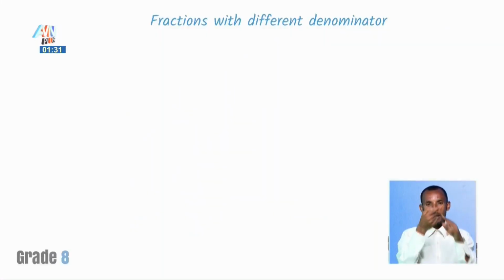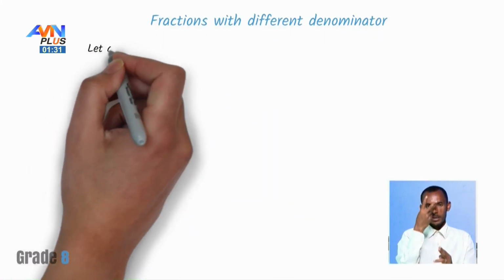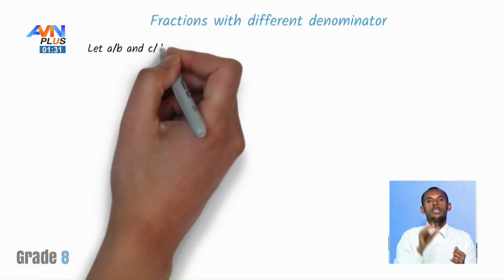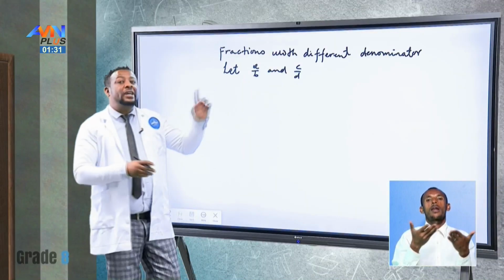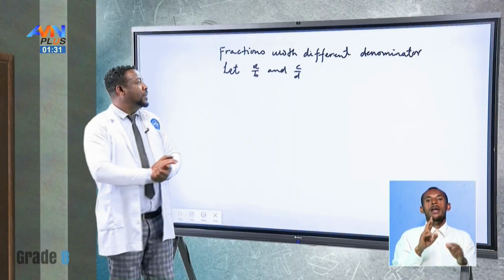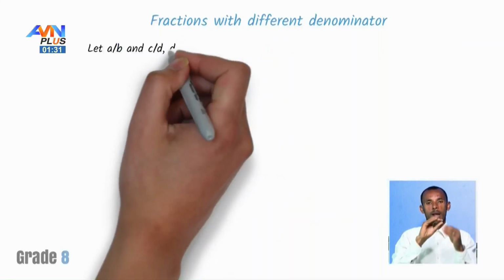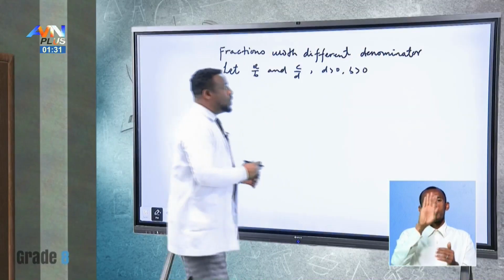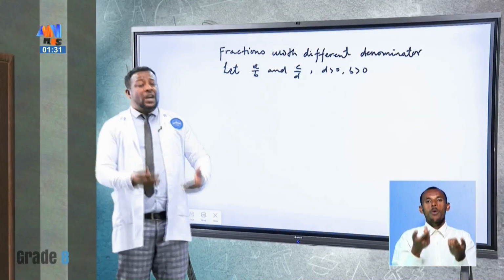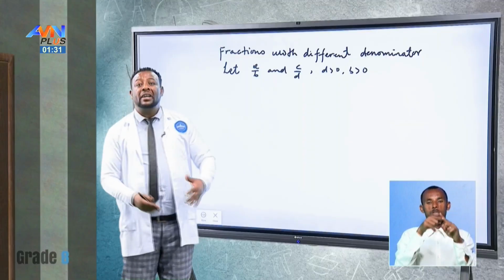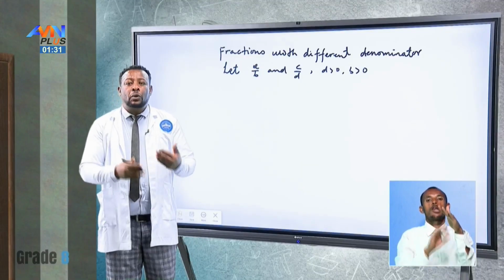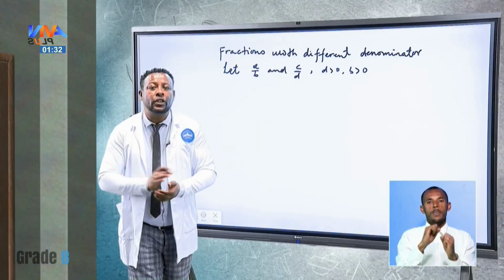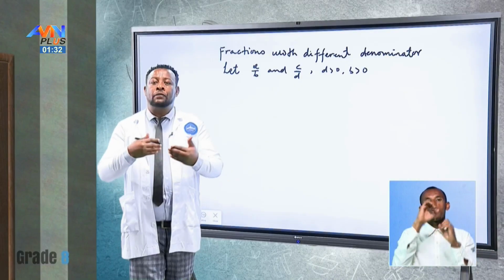So let's say we have two fractions, a over b and c over d, where their denominators are positive numbers. Say d is greater than 0 and b is greater than 0. That means whenever we have fractions with positive and different denominators, we will have different ways of comparison. There are two different ways of comparing fractions.